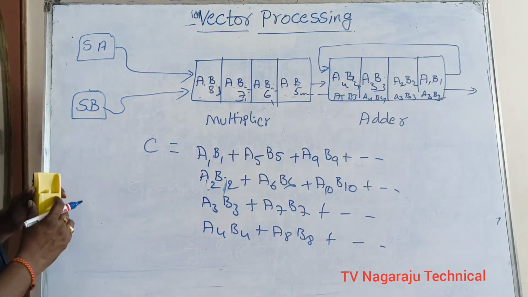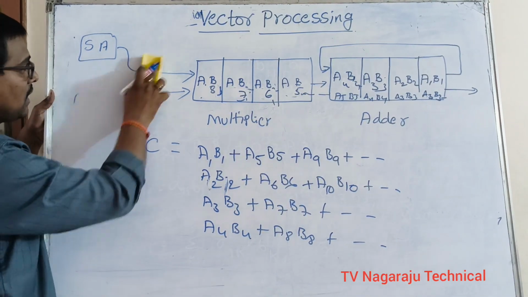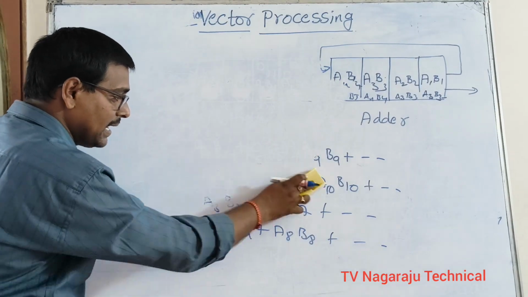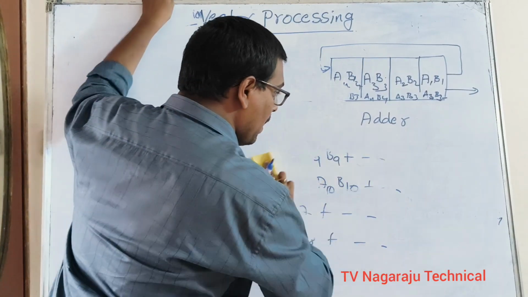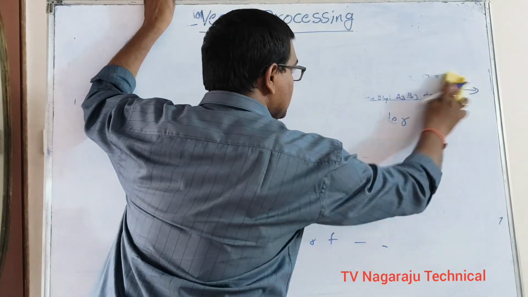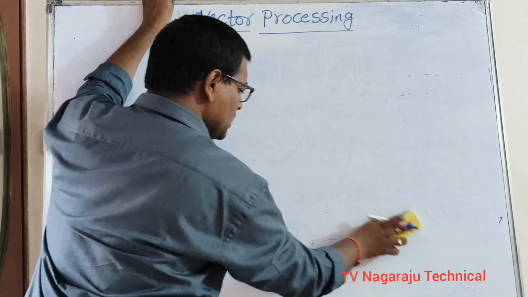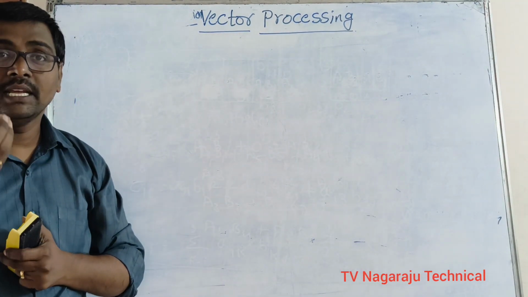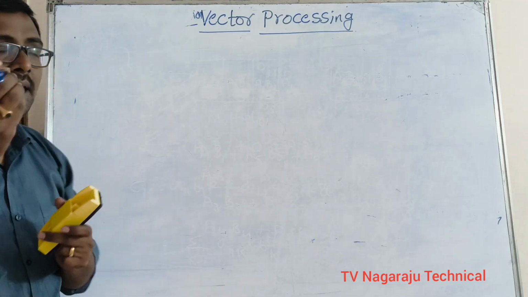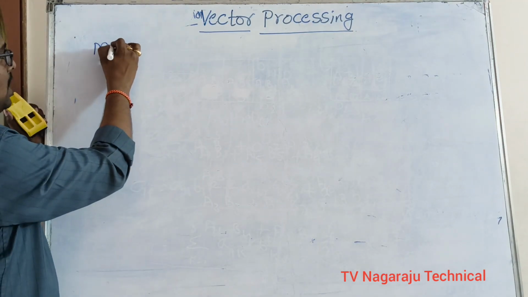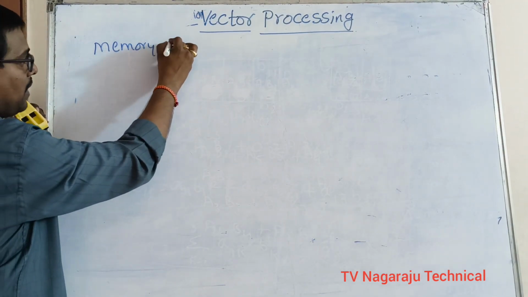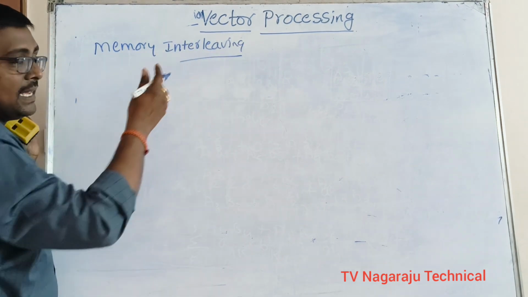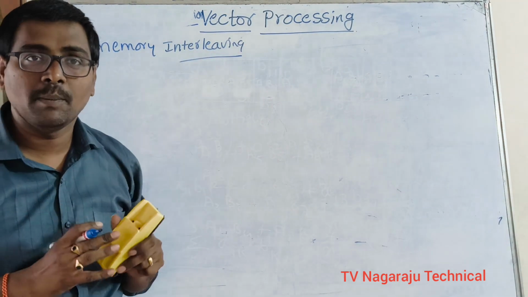In this vector processing, one more term you need to understand is memory interleaving. What is meant by memory interleaving? For example, in either vector processing or parallel pipelining, we need simultaneous access to the memory bus.